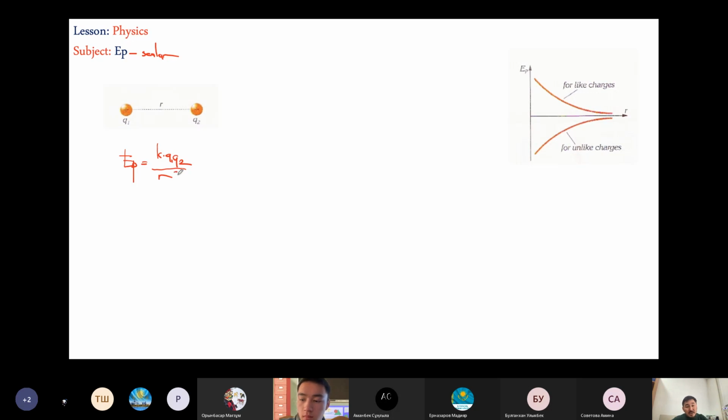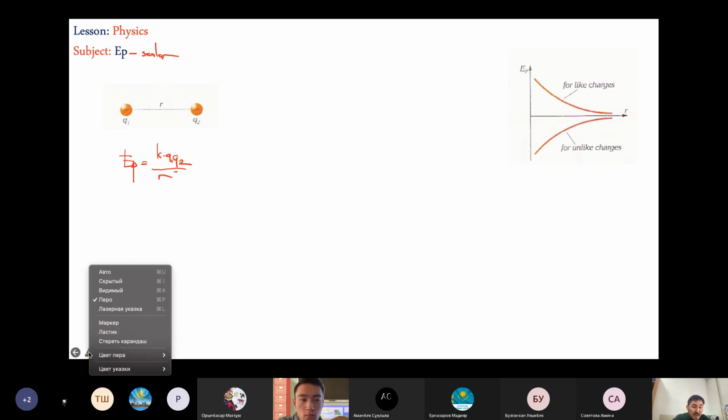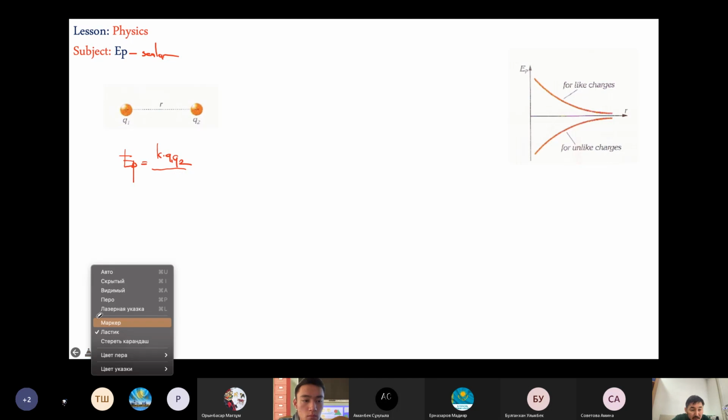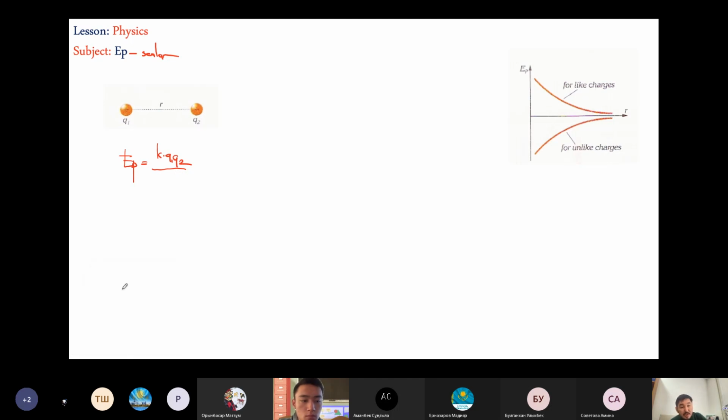Тек мына жерде R square ғана жоқ, иә? По идее. Негізі R square болатын болса, онда ол не болып кетуші еді? Electrostatic force болушы еді. Бірақ мына жерде тек қана R бар. R мен D-ның разница жоқ, мен просто мына жерде суретте R болған үшін R деп жаздым. Қаласандар D деп жазсандар болады.